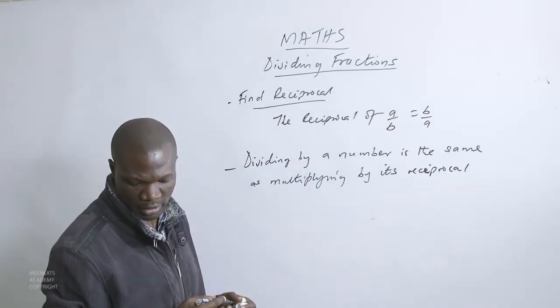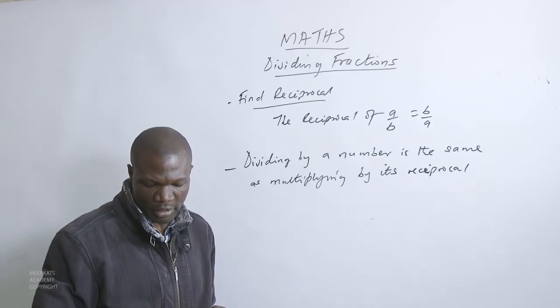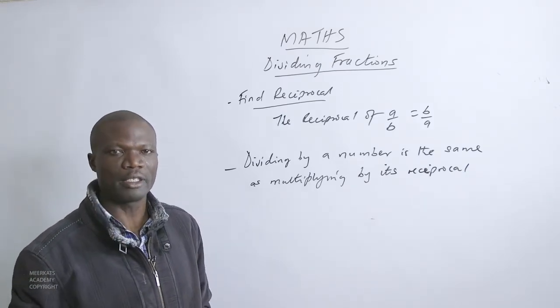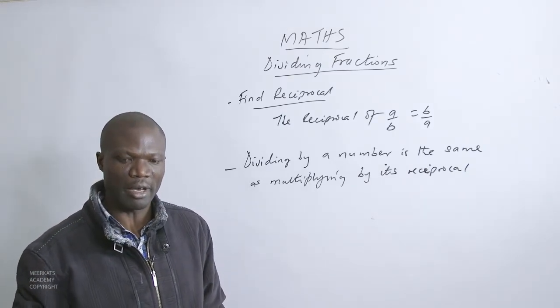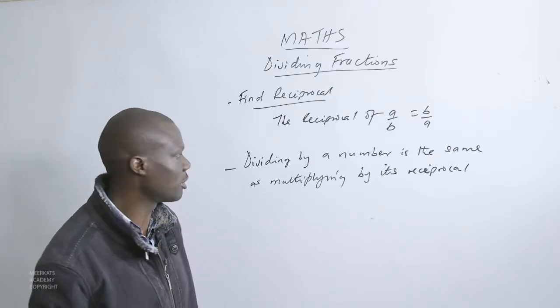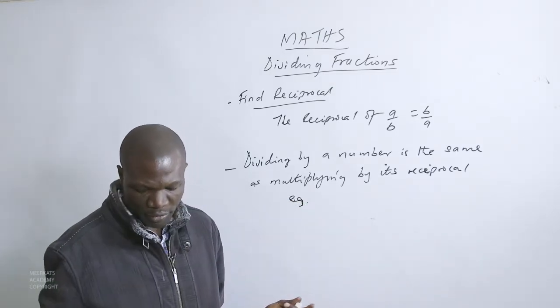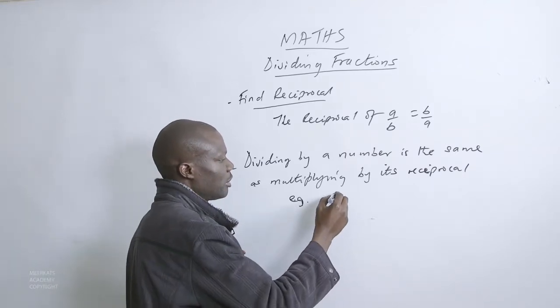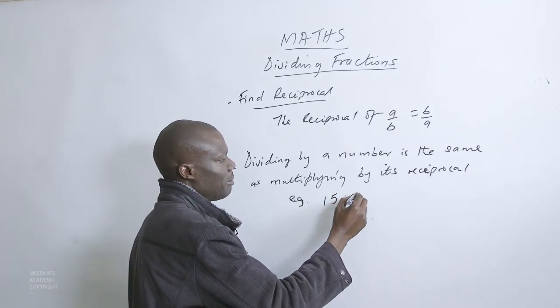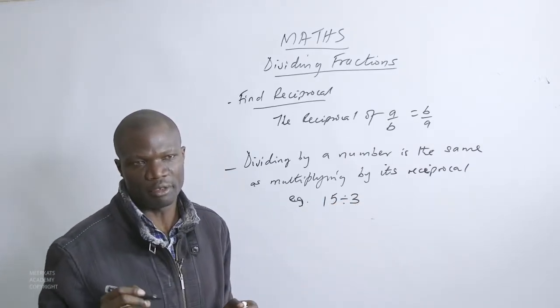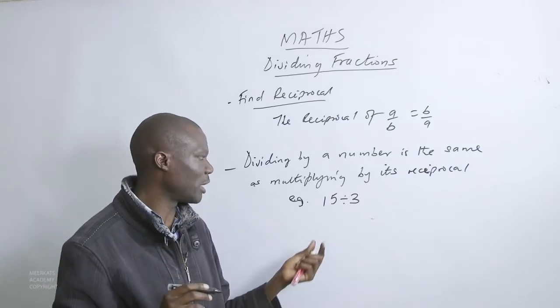So we are saying that dividing by a number is the same as multiplying by its reciprocal. Let us look at an example here. Take, for example, 15 divided by 3.